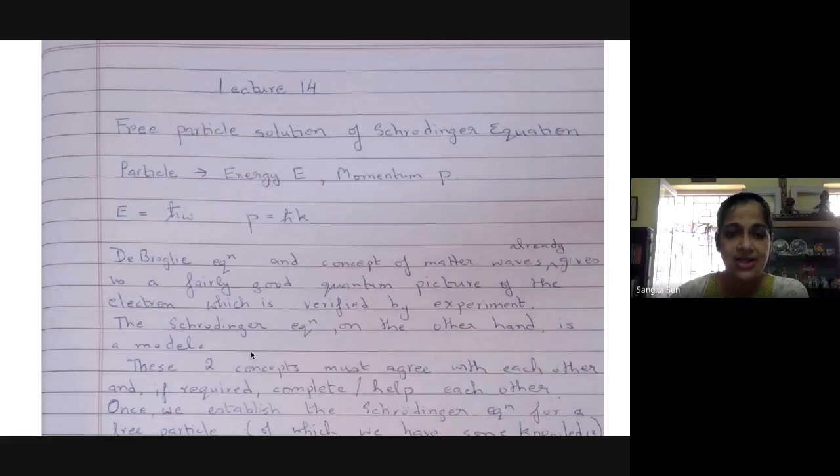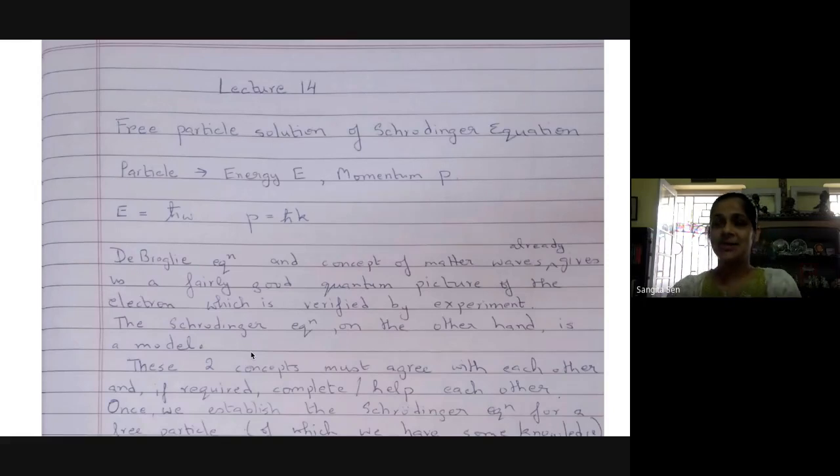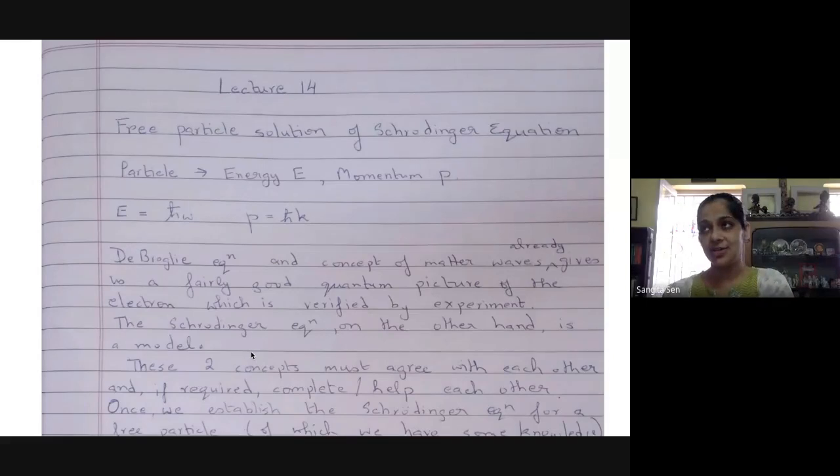So the idea is that what we know about a free particle in quantum mechanics is that it has an energy, which is h cross omega, and a momentum, which is h cross k. And this has been very experimentally verified, such as in the Davisson-Germer experiment.